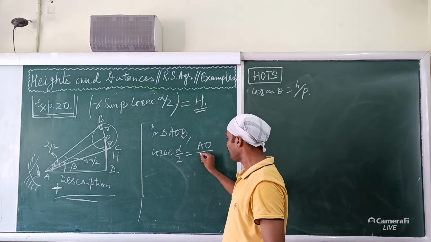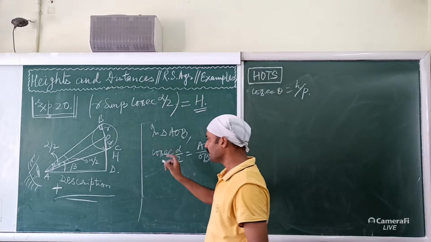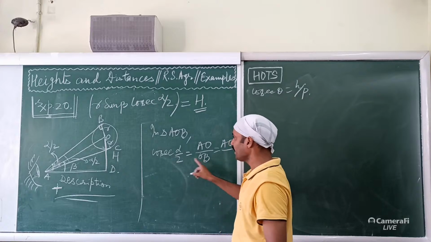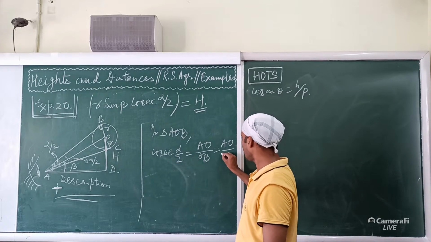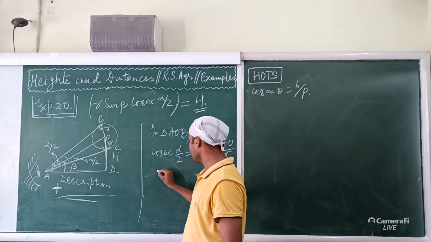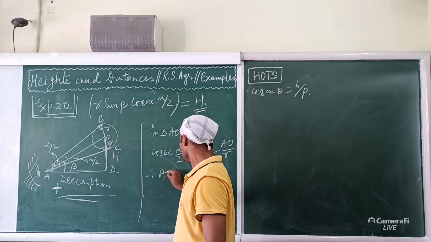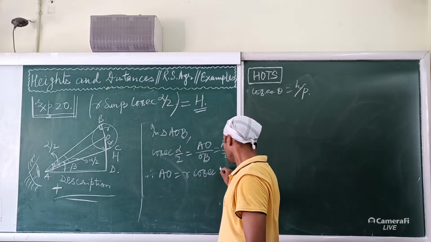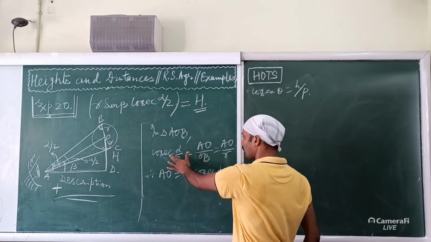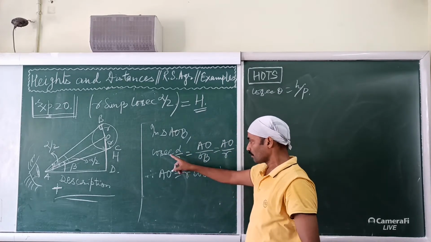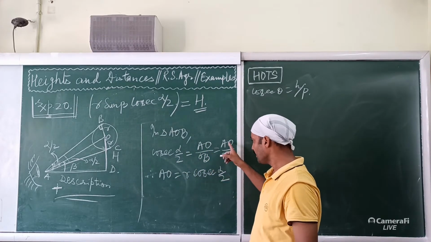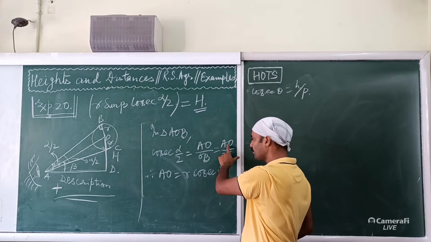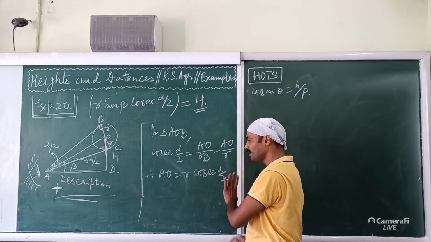OB is the radius R. Clear? So, by cross multiplication, AO equals R cosec alpha by 2.